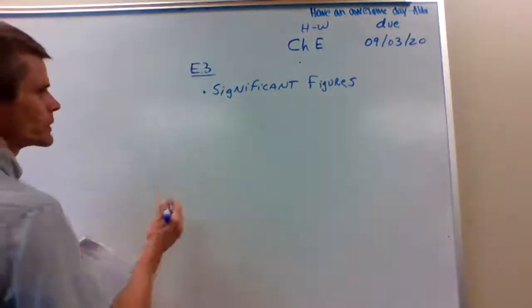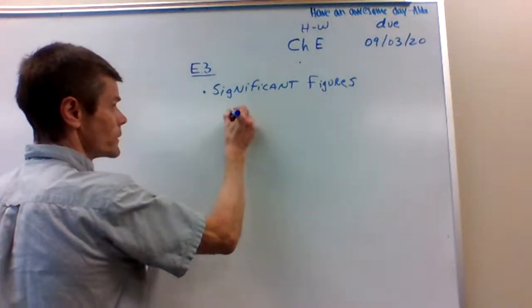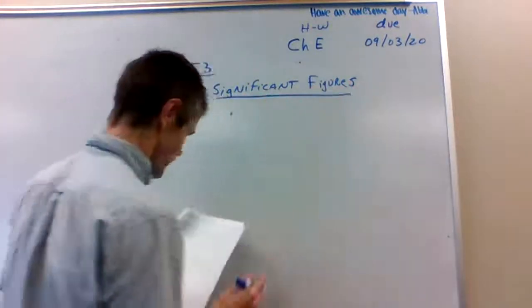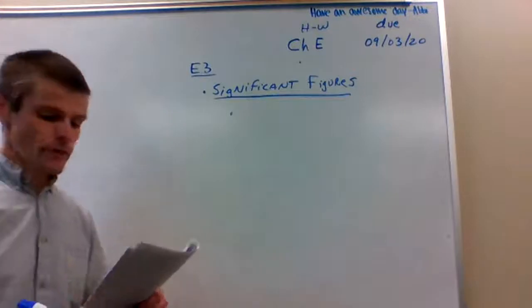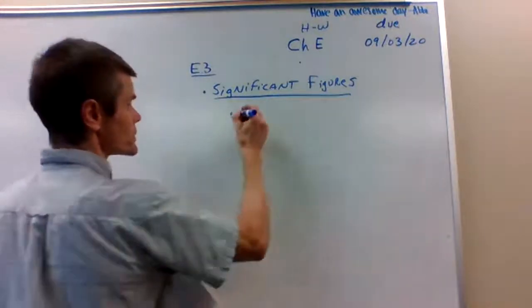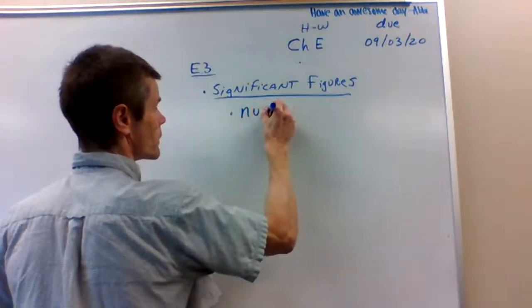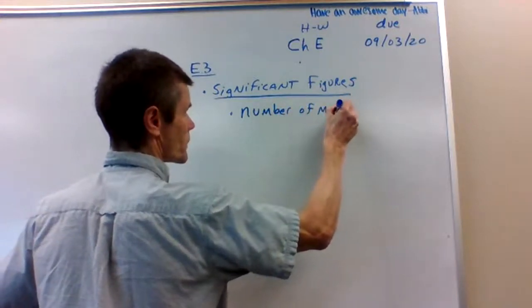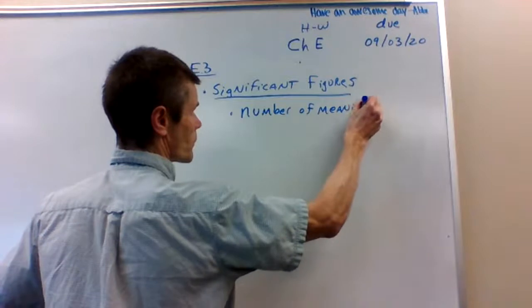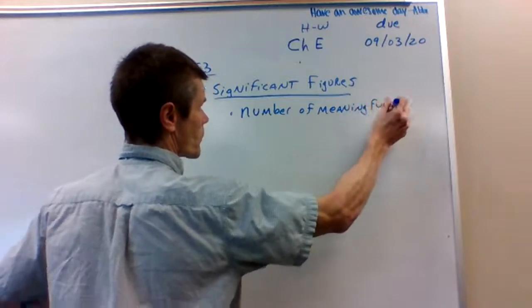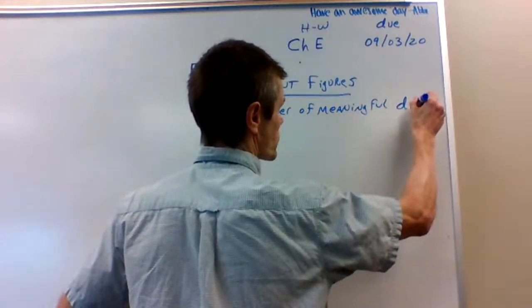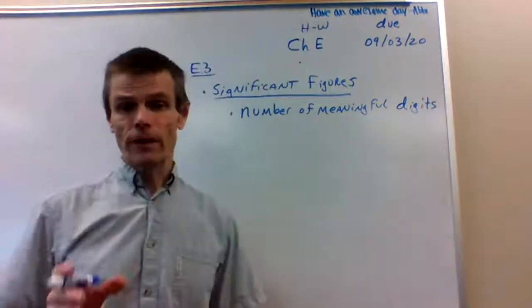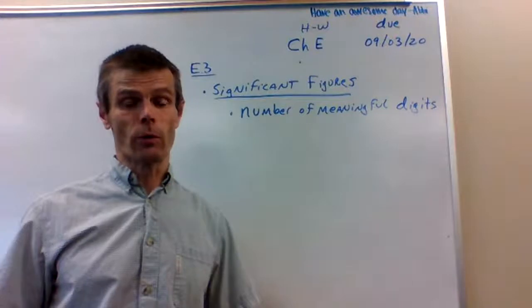Let's write down a good definition of what significant figures are. Significant figures, a really good working definition: these are the numbers of meaningful digits. So when I say meaningful digits, these are the number of digits that we know.